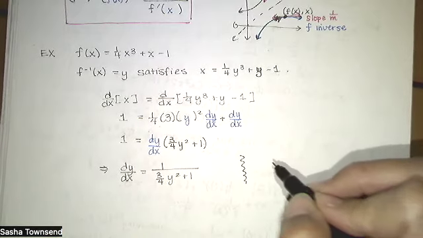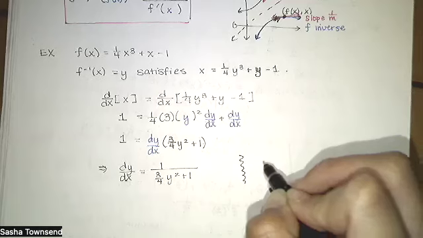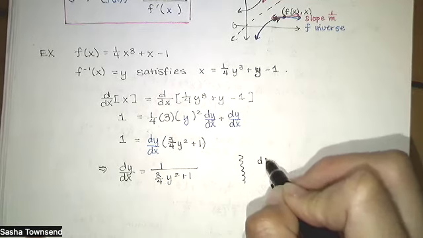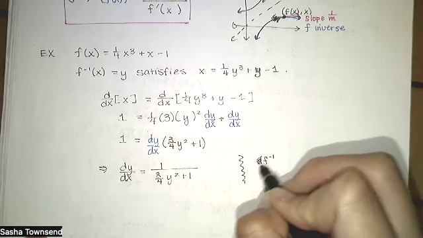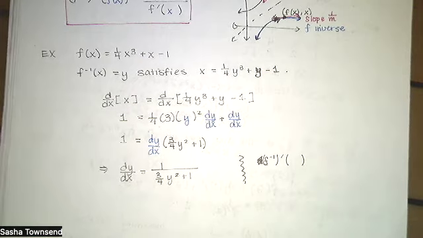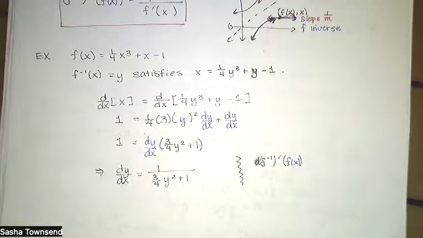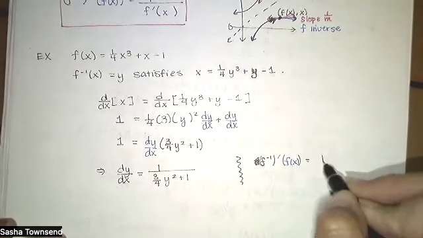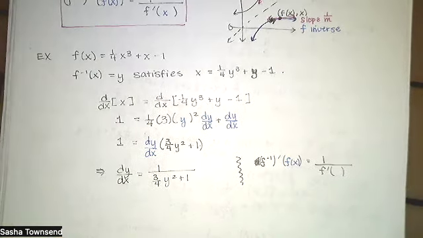Remember what we said before, the derivative of f inverse, actually, we said f inverse prime at f of x is equal to 1 over f prime of x.